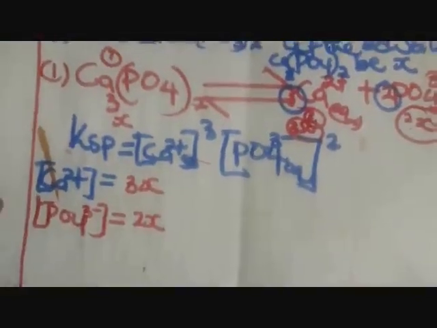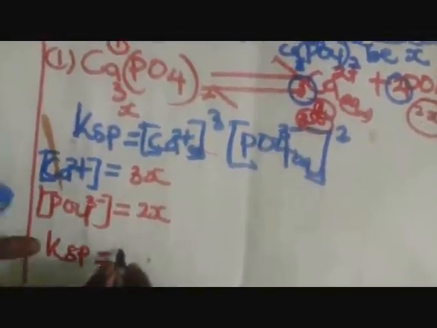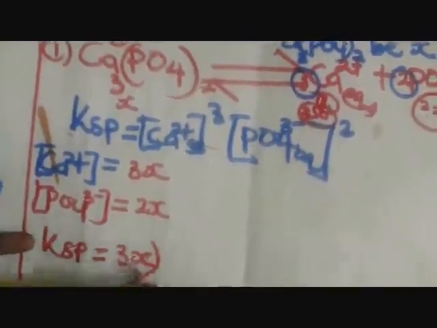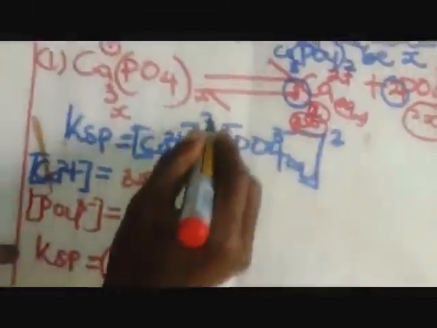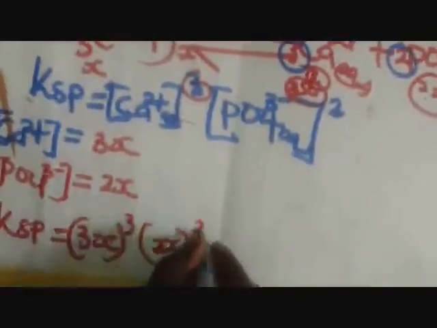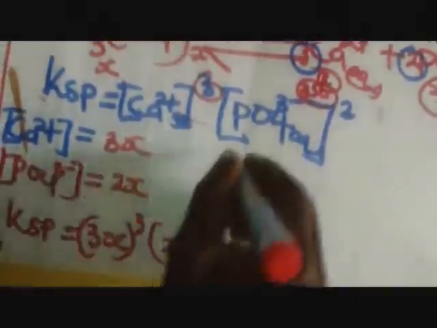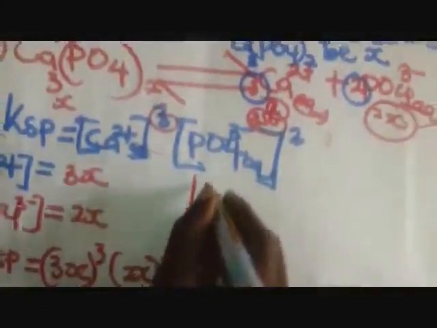Now from there we are going to substitute, and our Ksp is going to be equivalent to the 3X but powered by 3. Don't forget that. We raise to appropriate power here. Then we have 2X powered by 2. Then from there, what next? The Ksp already is given in the question, so we are going to substitute.